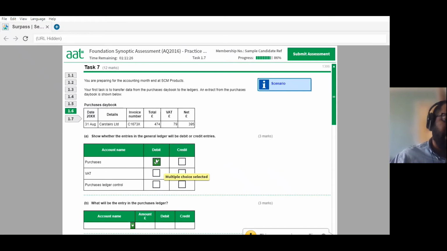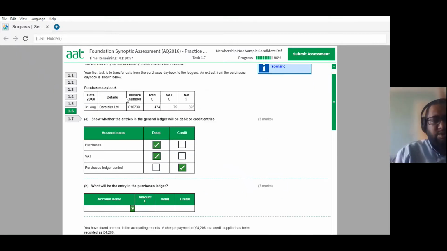So if that is a debit account, your purchase ledger control, which is for that total amount, 474, must be credit. If that is a credit, VAT is also going to be credit. Why? The VAT you're collecting is normally going to be paid back to HMRC, but this one can be claimed back, £79. Reason, this time we have paid the tax already to another person, and we have eligibility as a business to reclaim that VAT back.